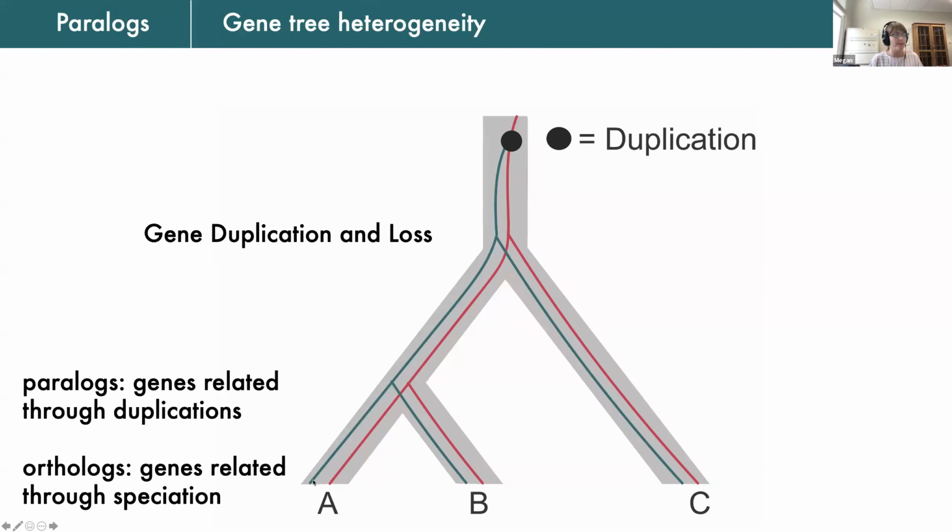The green copy here is paralogous to this pink copy because it's related through this duplication node. Similarly, the green copy is paralogous to the pink copy in species B. We also have orthologs, or genes related through speciation events. The pink copy in A is orthologous to the pink copy in B because those are related through the speciation event.